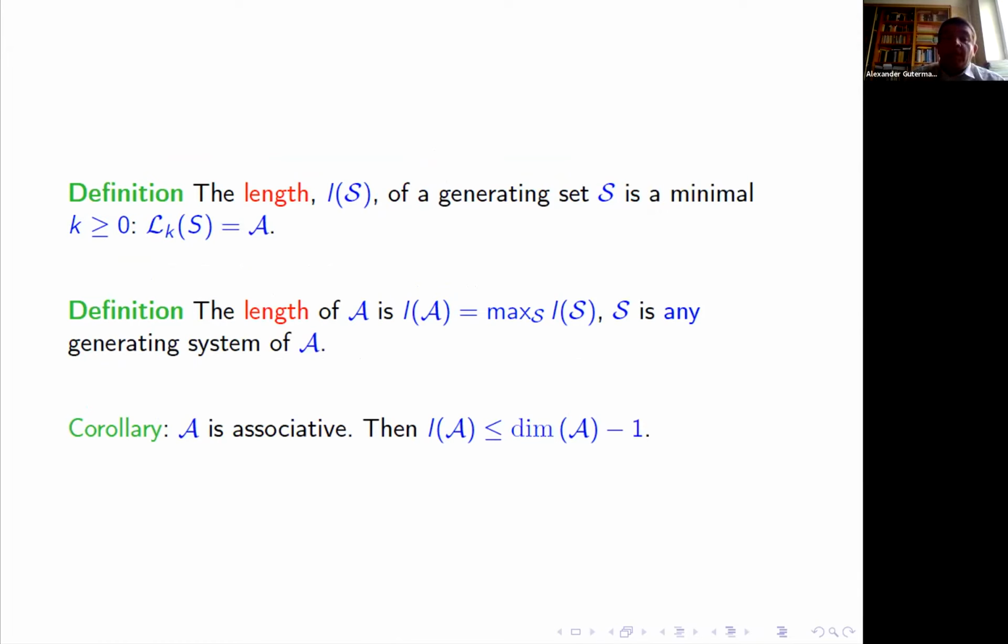So there is a correctly defined maximum over all generating sets for the first step where this chain is stabilizing. So the length of an algebra is a certain max-min function. The maximum is taken over all generating sets, and the minimum is the first step in that chain where stabilization happened. So at least for the associative case, the definition is ready.